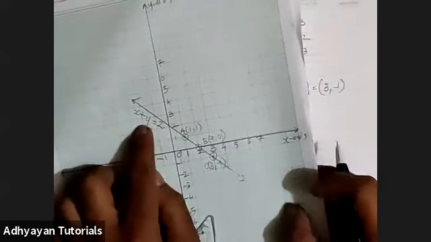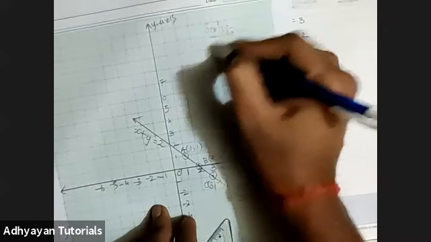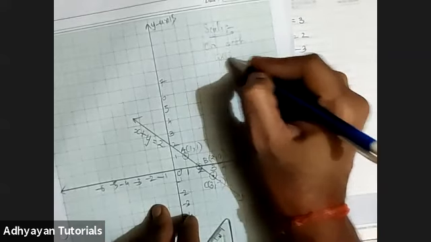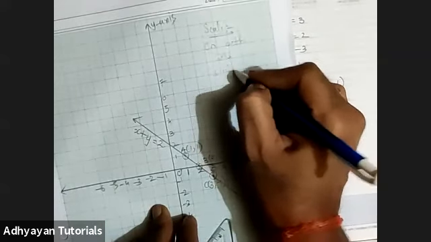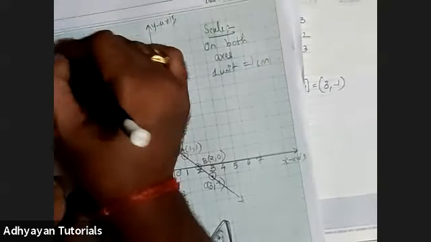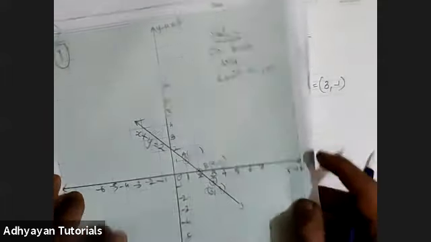You just have to specify the equation and don't forget to put the scale on both axes. 1 unit is equal to 1 centimeter, and that was nothing but question 9's first sub-question, right?